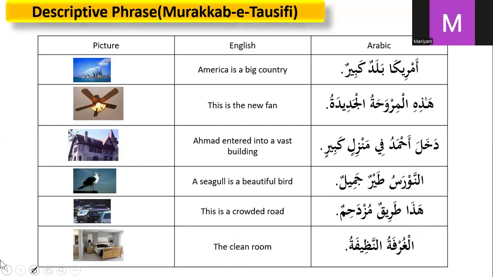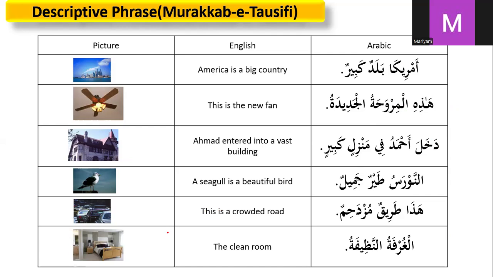So these are the different examples where you can understand which one is a descriptive phrase. I'm translating so you can understand. But as I have told you, if you want to be perfect in grammar, forget about meanings and try to understand according to the rule. Then you will be very clear in grammar.